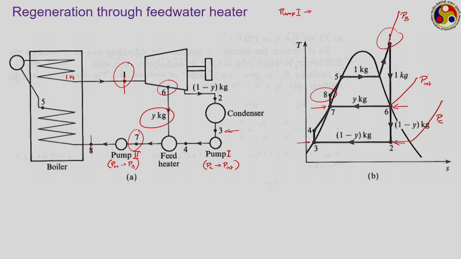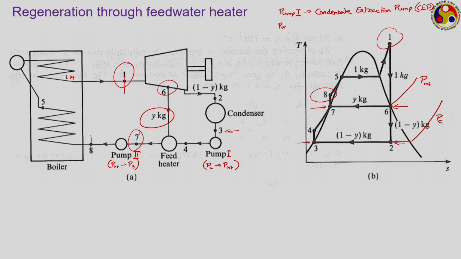Pump 1 is taking its input from the condenser, and therefore, it is often called the condensate extraction pump, or in short CEP.